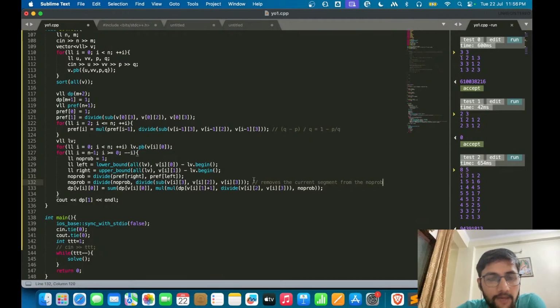Because we are checking the 0 and n, and the current segment conforms to this range. So the current segment should also be removed from it, and that is why I'm removing it. This is again p divided by q being removed from this range.